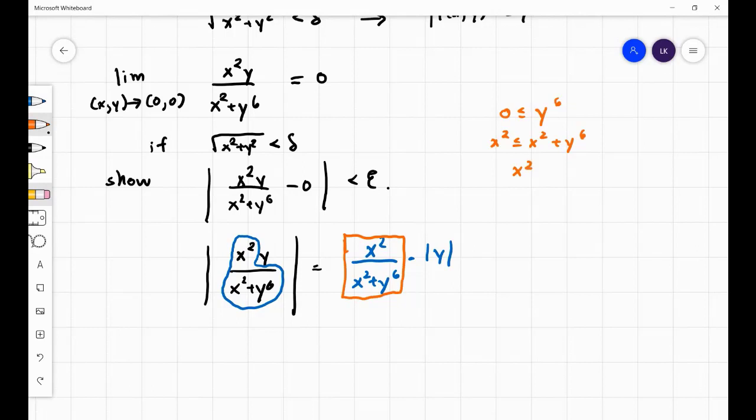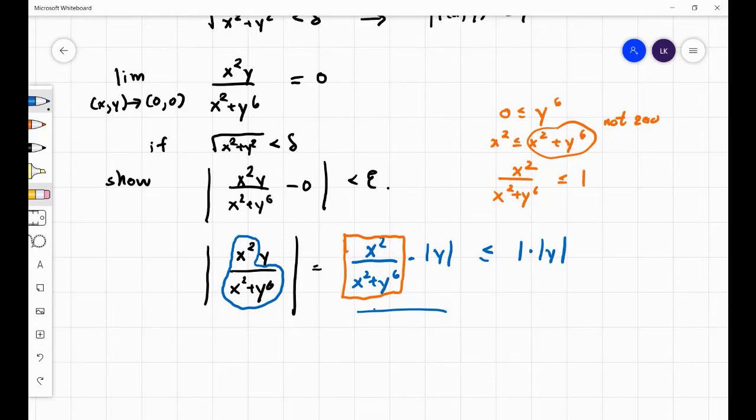Right. Dividing by this nonzero quantity because we're not at the origin yet. Okay. We get that that expression is less than 1. Right. So we can replace this with a factor of 1 and then leave the absolute value of y, but that whole result is greater than or equal to what came previously.